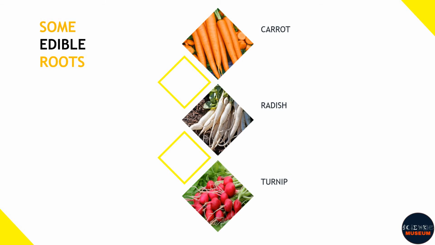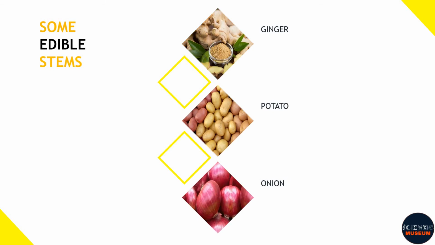For example, radish, carrot, turnip, sweet potato and beetroot are the roots of their respective plants that we eat as food. Students, we also get some food items from the stems of the plant. For example, ginger, potato, onion. These are the stems of their respective plants that we eat.